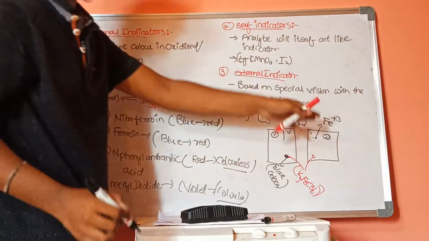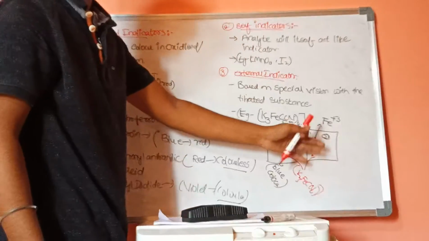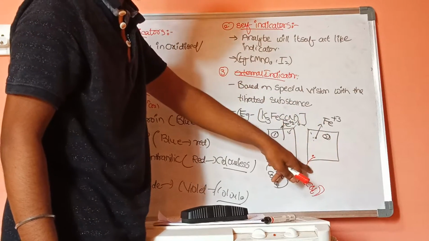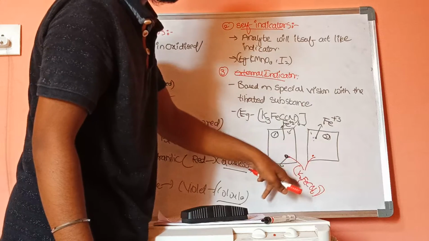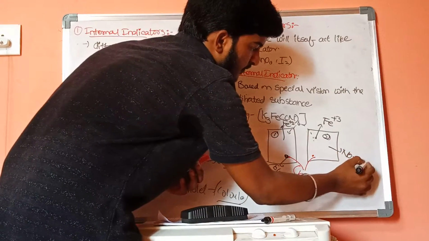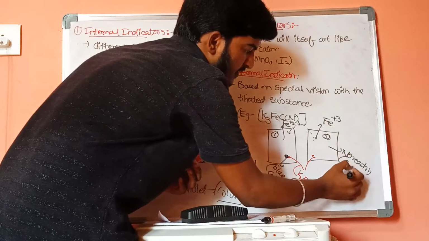Now in the second vessel, Fe+3 ions do not react with potassium ferricyanide as there is no reaction, so it is colorless.